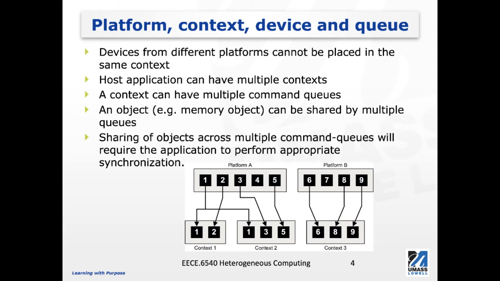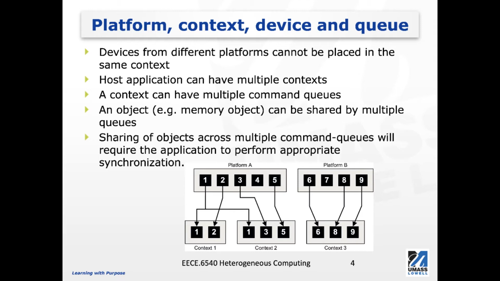Within one context, you can have multiple command queues. Now, these command queues are the main mechanism that the host-side application uses to communicate with OpenCL devices. And we mentioned earlier that each command queue is associated with a device.